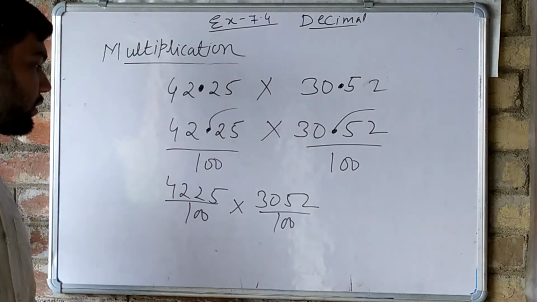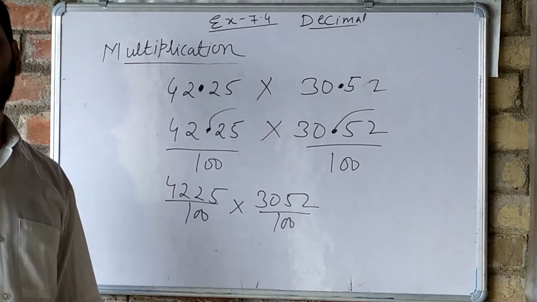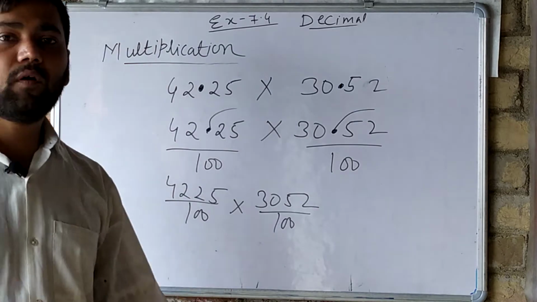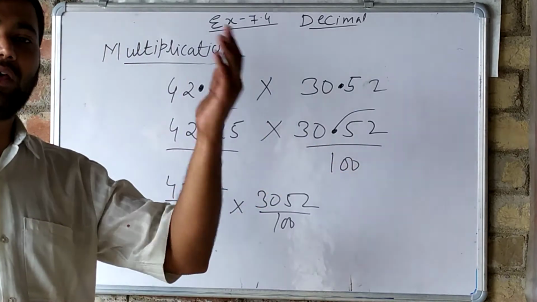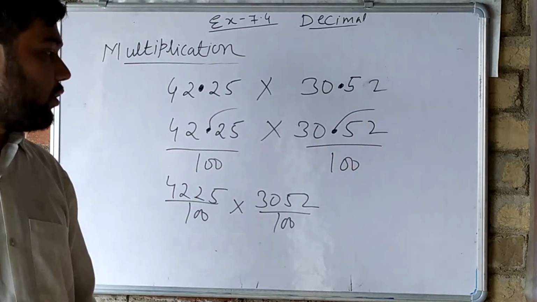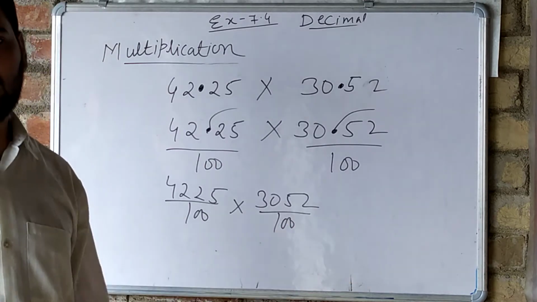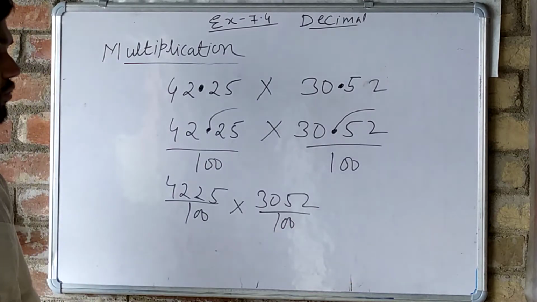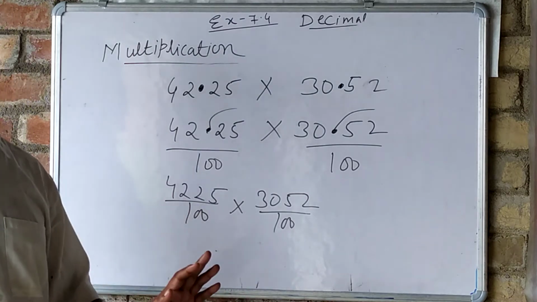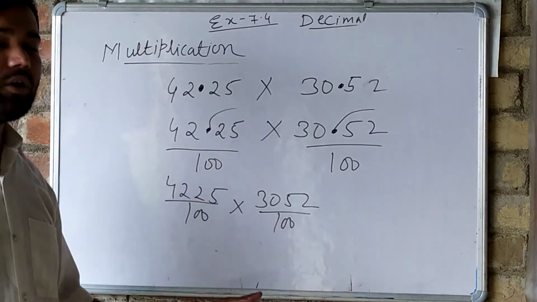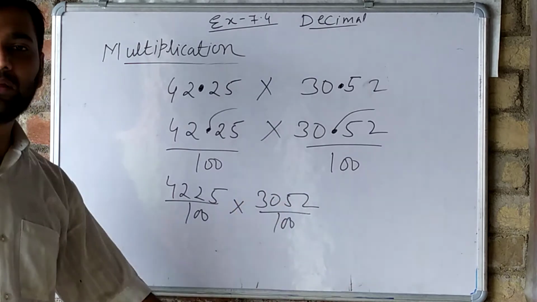But if we reduce it, then we have to divide also at last. So to neglect that division, what we will do is not divide it. We will directly multiply.